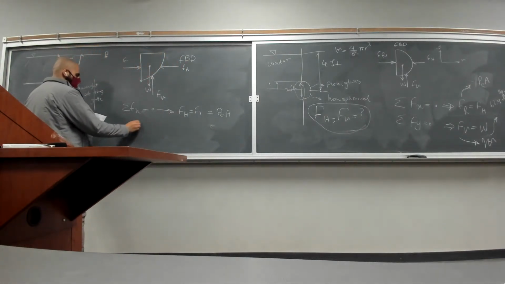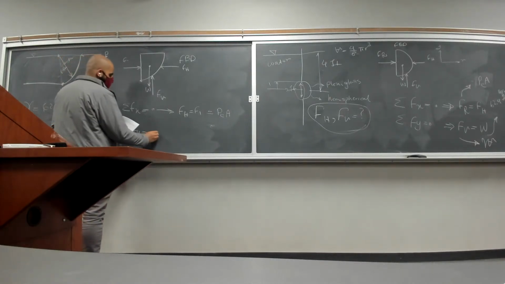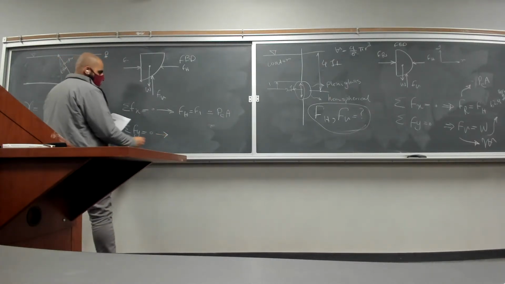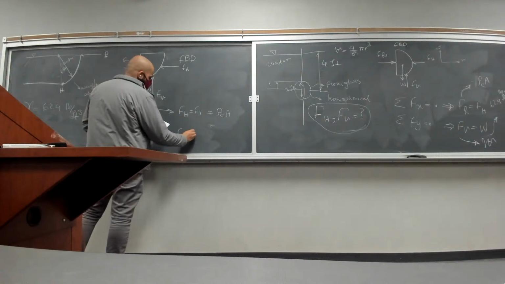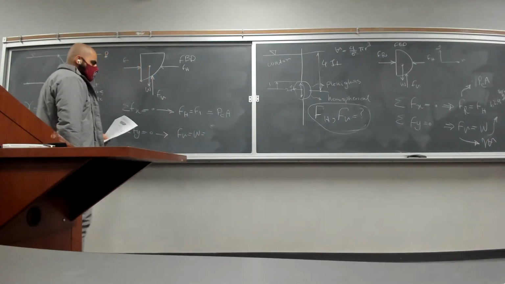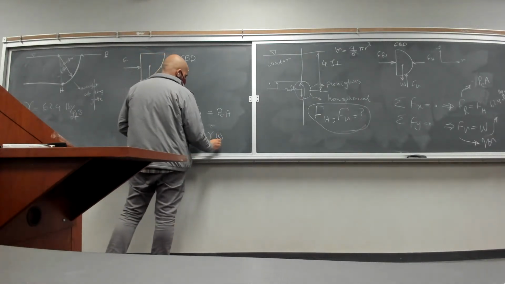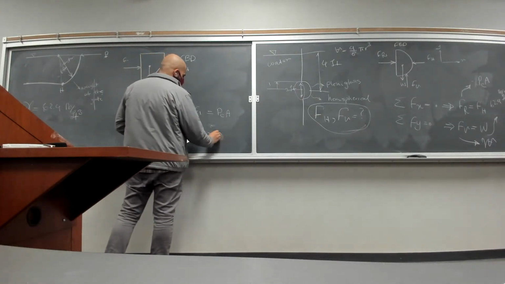And sigma F in y direction is going to be equal to 0 as well, which means that F of V is going to be equal to W, or gamma of water multiplied by the volume.